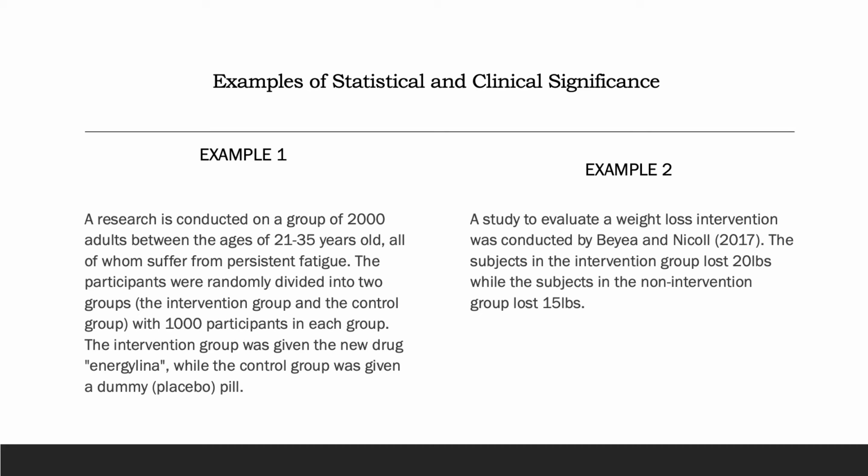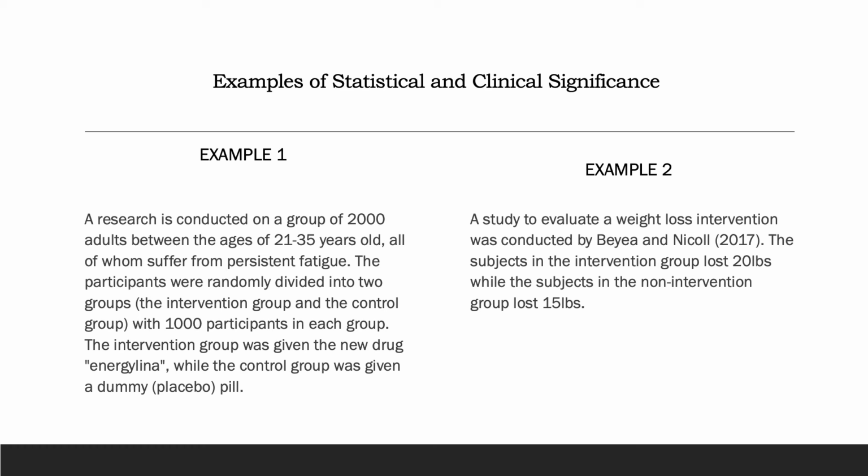The experiment showed a statistically significant result with p less than 0.05, meaning that at the end of 3 months, participants in the intervention group were significantly less tired than those in the control group.